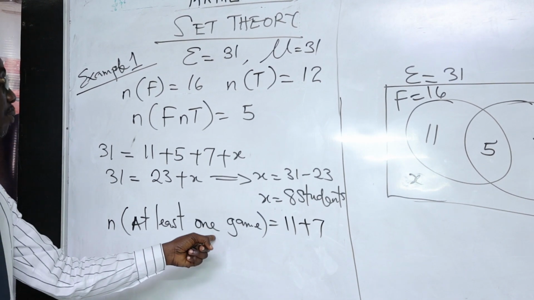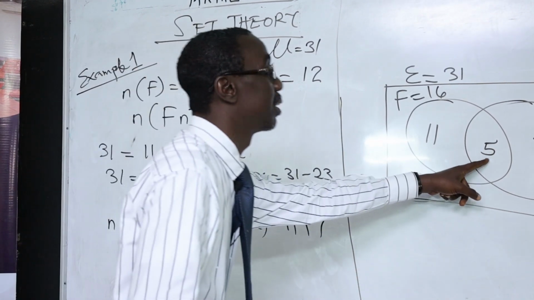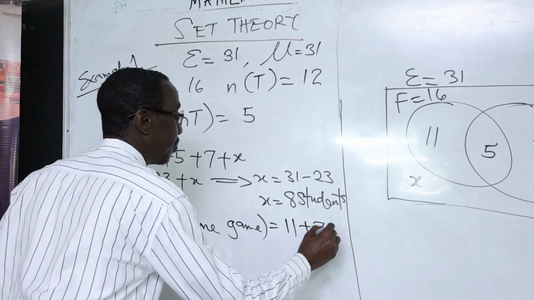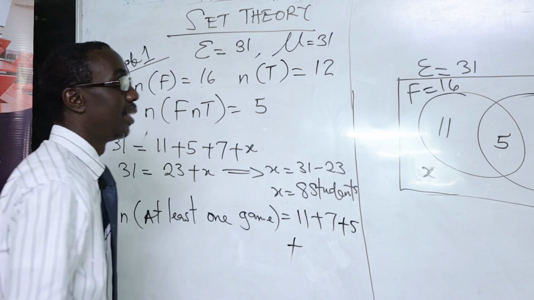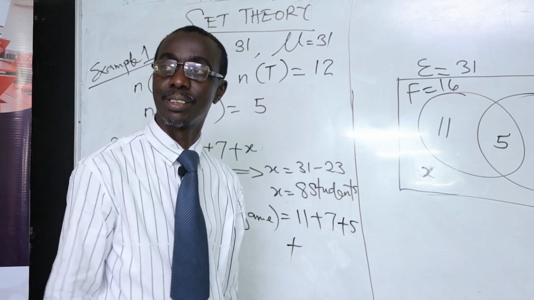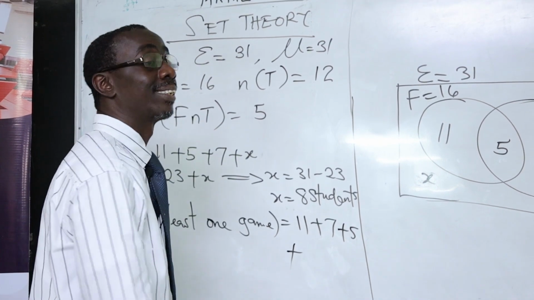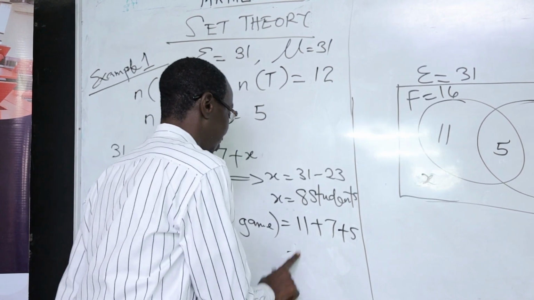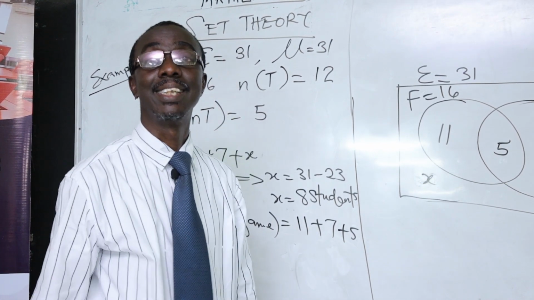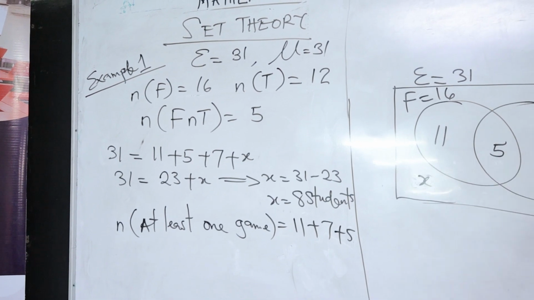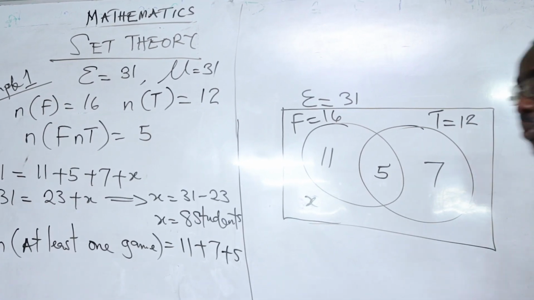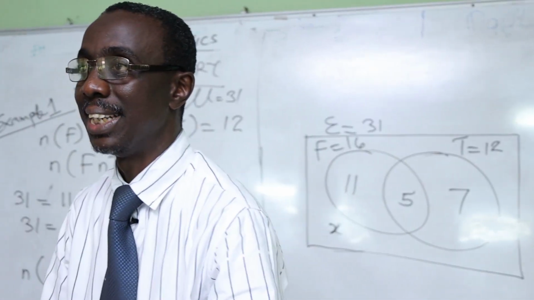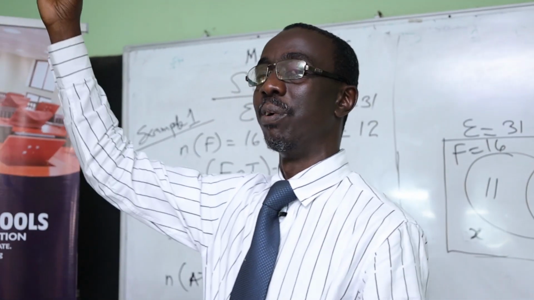We started from 1. The next thing is 2 games, that's all. Are we adding X? Why are we not adding X? X is the number of students that do not play any of the games, so it is from 1 and above.